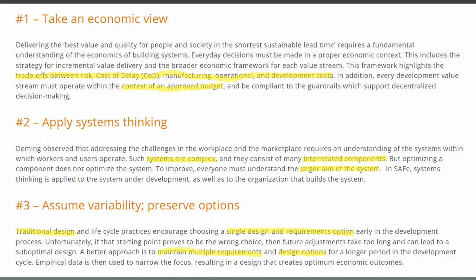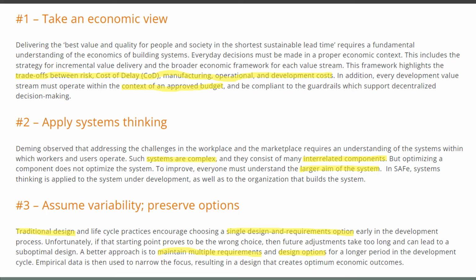The SAFE framework highlights the trade-off between risk, cost of delay, and manufacturing, operational and development cost. So whenever you're choosing a project in a particular portfolio, you need to understand the risk of implementation, the cost of delay if you delay this particular project, and the manufacturing, operational and development cost. So you can take a decision appropriately, right?